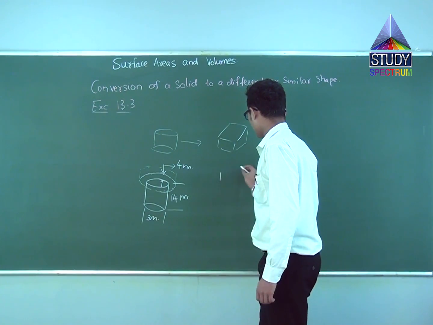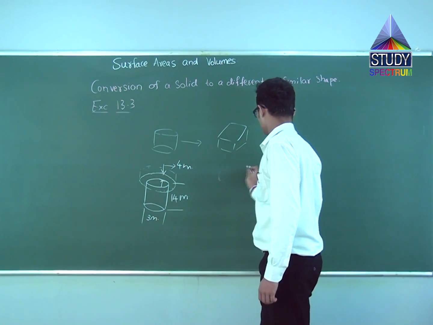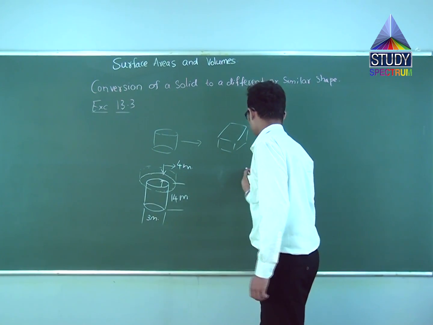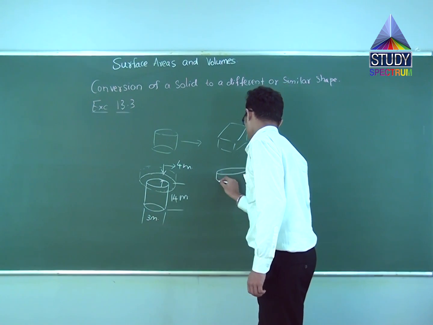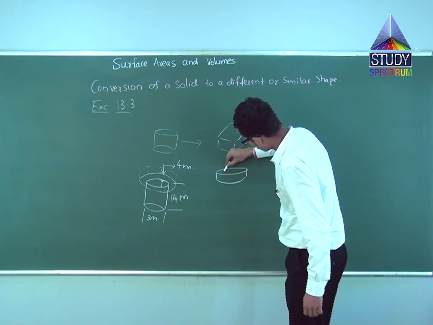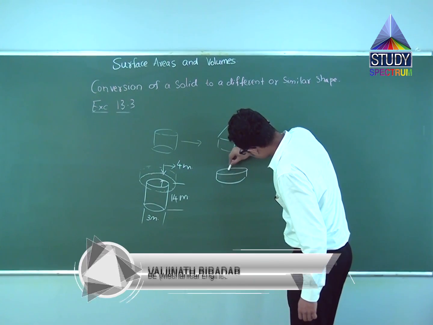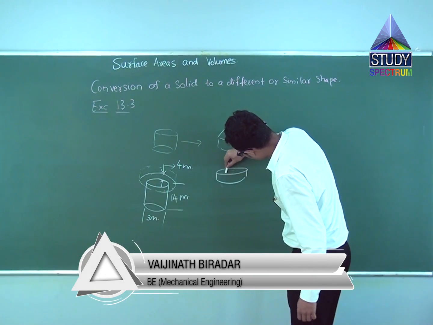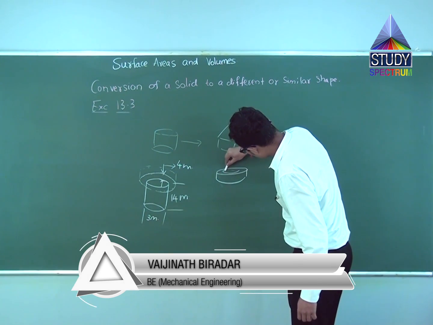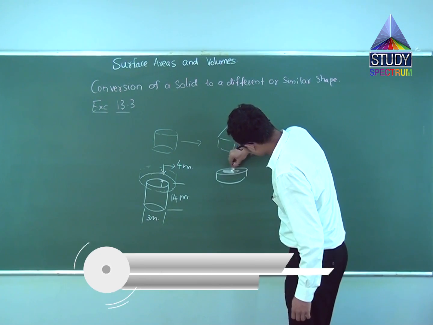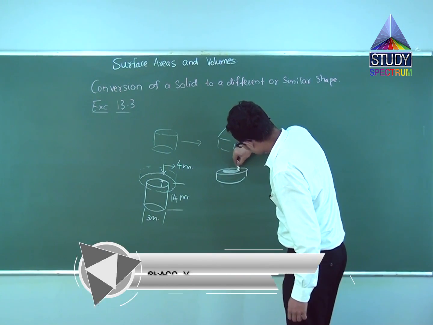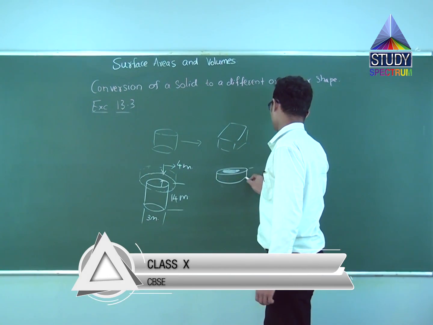I can also draw this ring in this shape, outside. This is the ring, and there is a well inside of it, like this. This is the hole, you can say. And we have to find out this thickness.